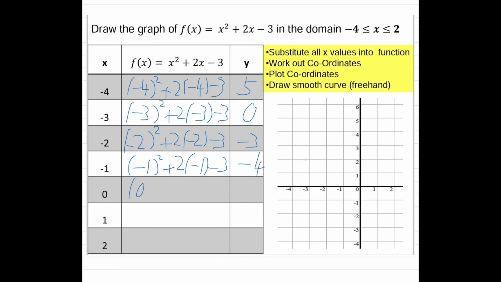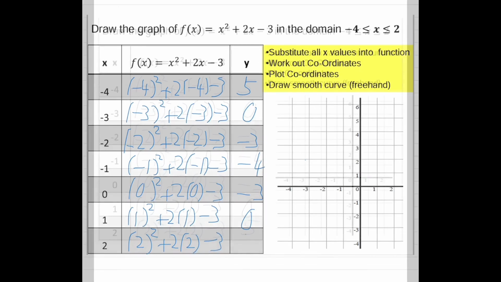Now put in 0, so 0 squared plus 2 times 0 minus 3, that gets us minus 3. Putting 1 in, 1 squared plus 2 times 1 minus 3, then that gets us 0. Then putting 2 in, 2 squared plus 2 times 2 minus 3, that gets us 5.